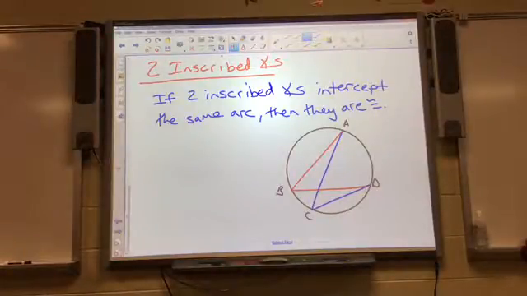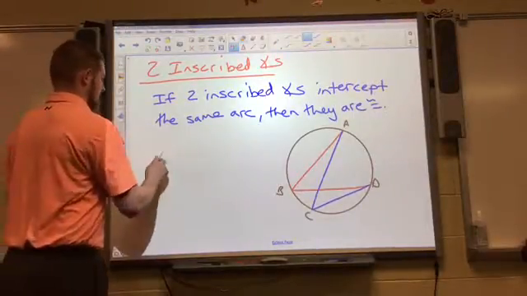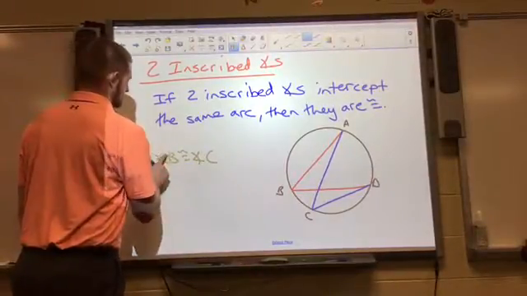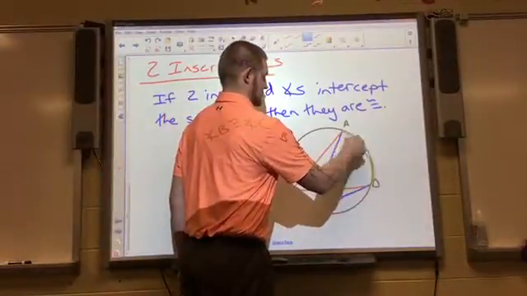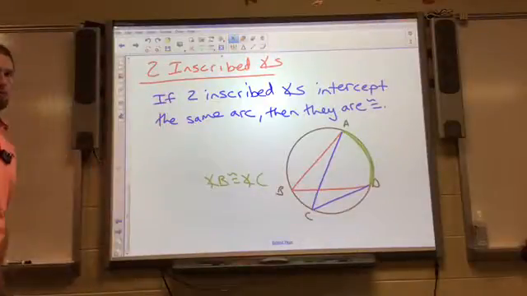C and B, good. Angle B is congruent to angle C because they share the same arc. They're both inscribed angles and they share the same arc. They must be congruent to each other.